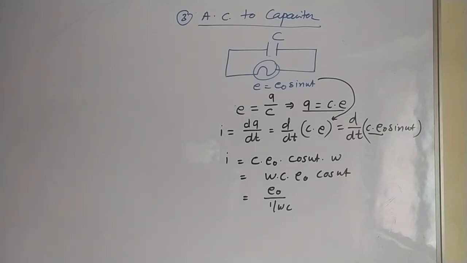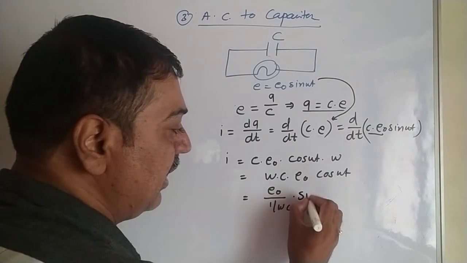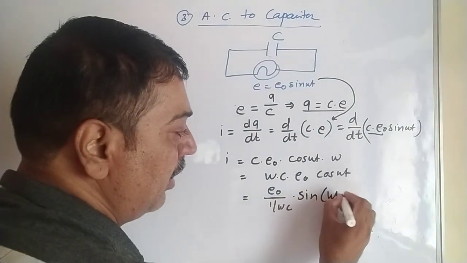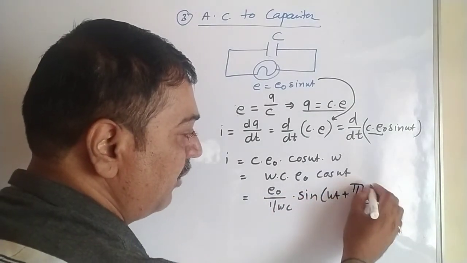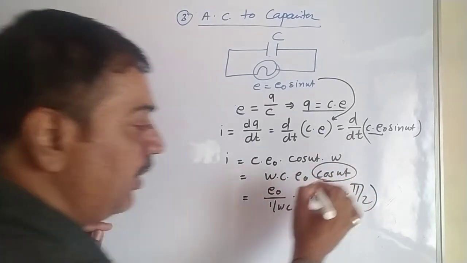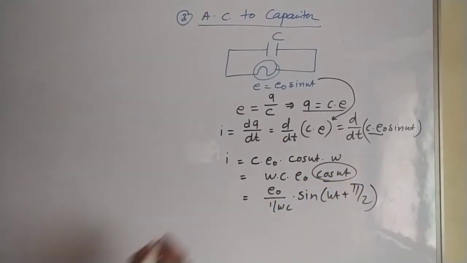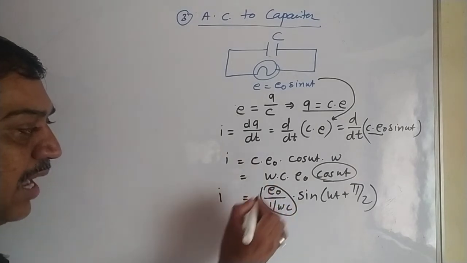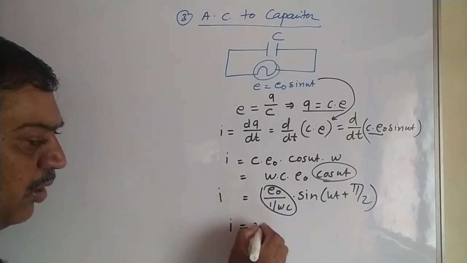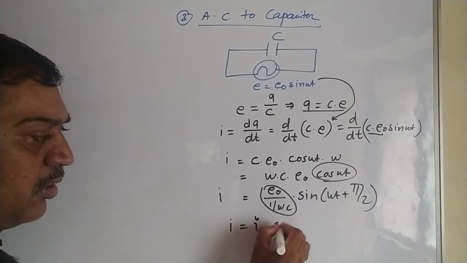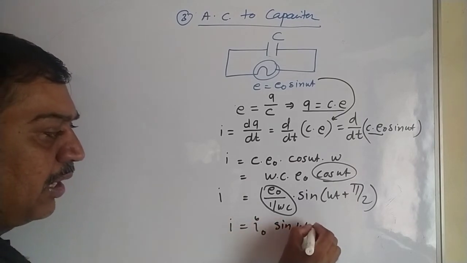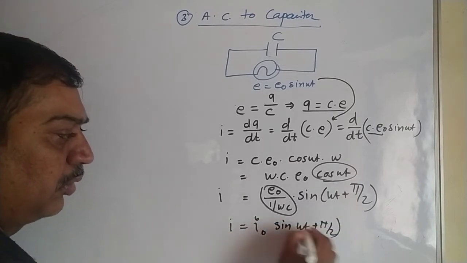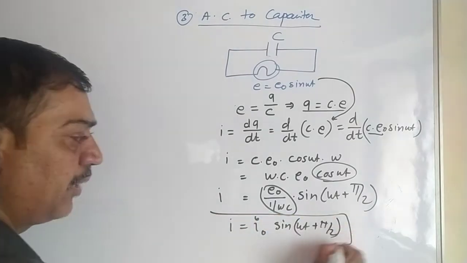So we write this as into sine of omega t plus pi by 2. If we put this as I0, we can write I equal to I0 sine of omega t plus pi by 2. This is the final equation for current.